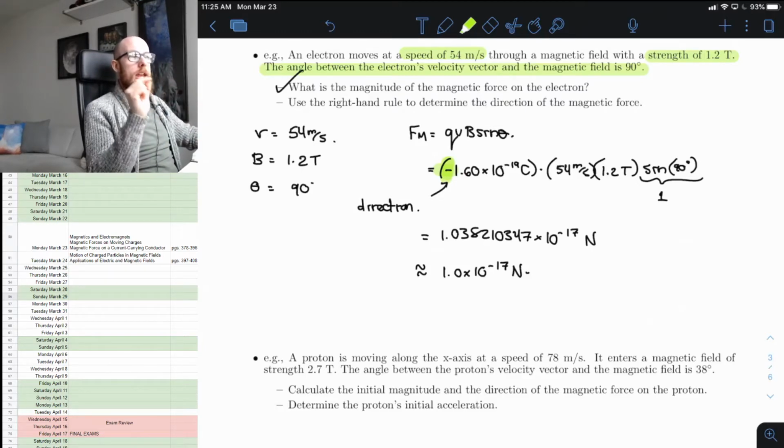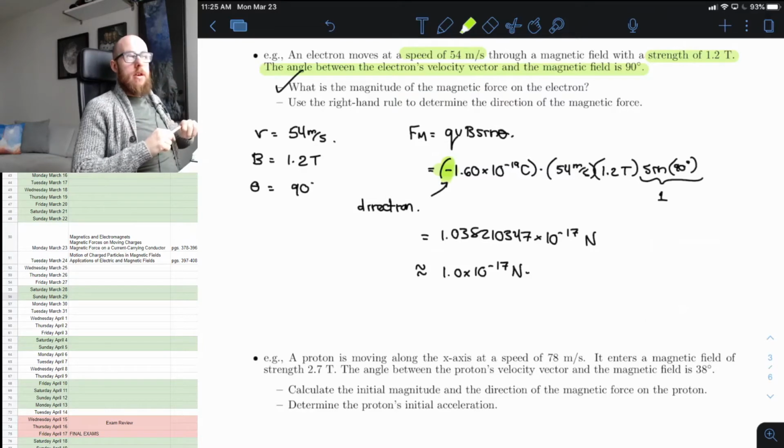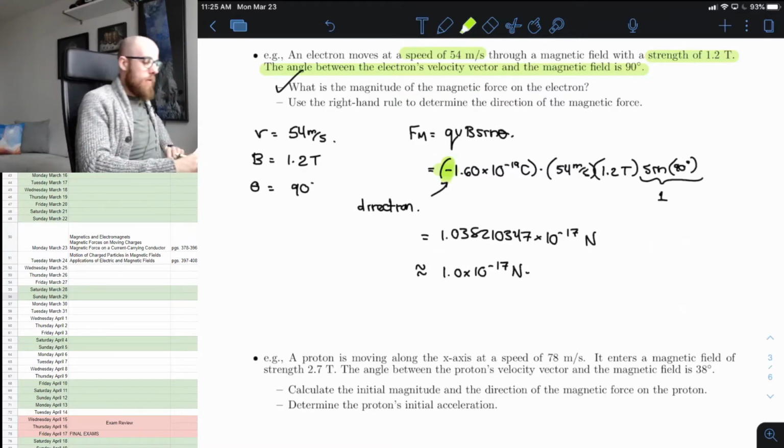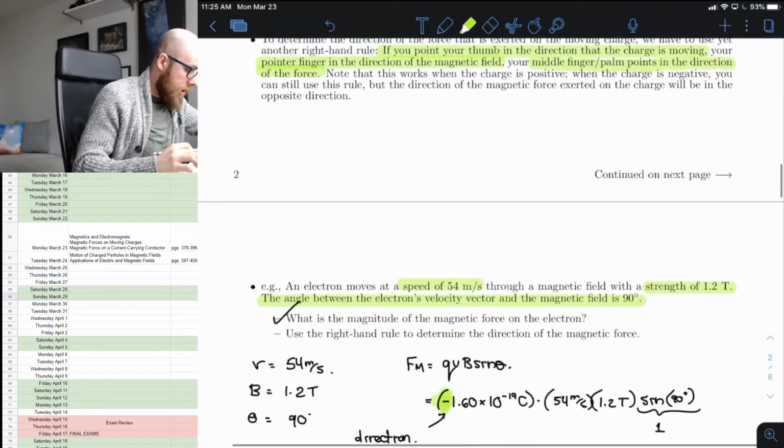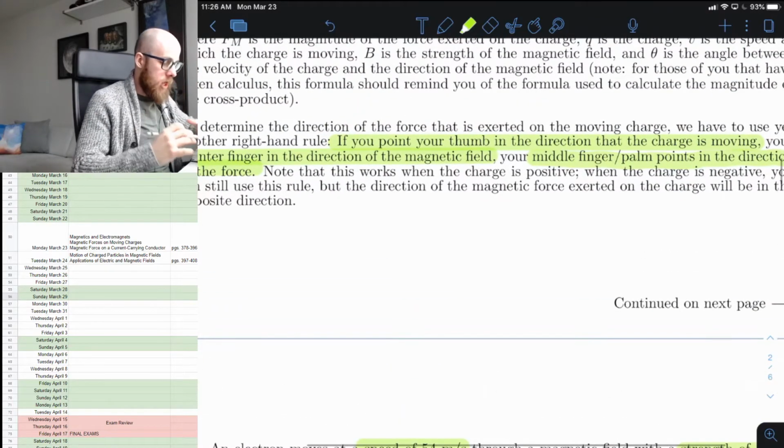When we have a negative charge, which we do in this case, we have an electron, it flips the result. So if we figure out that our force is up, because the charge is negative, the force will then be down. I write that in the notes here: note that the right-hand rule works when the charge is positive.